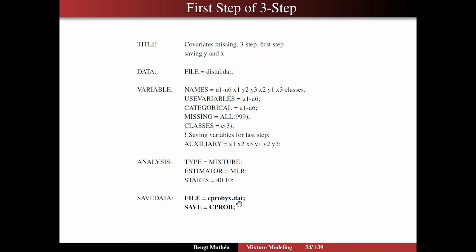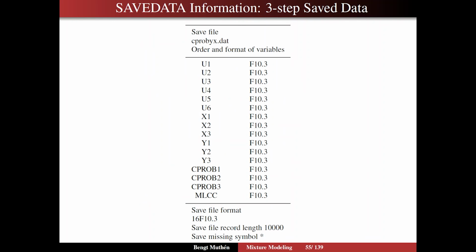But since we're dealing with 3-step, we're saving cprobs. So what we have here then is the save data. We save the U indicators, the x's and the y's, and cprob 1 through 3, and the most likely class.